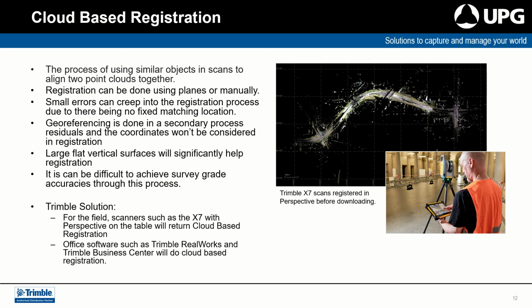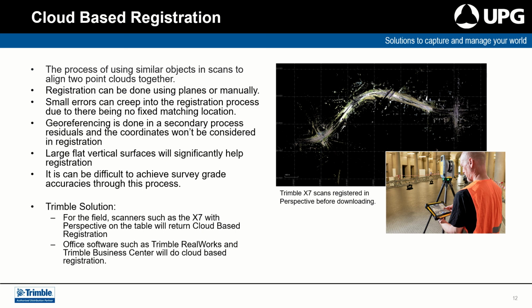Cloud-based registration is generally the first and the most common form of registration. It's the process of joining two scans to one another using an algorithm and common areas within two scans and fitting the data together. The registration can be done manually, or there are automatic processes in most software packages that allow it to try and match up.